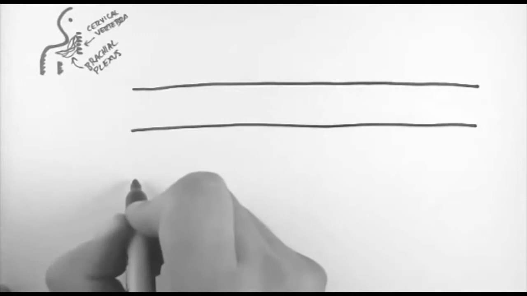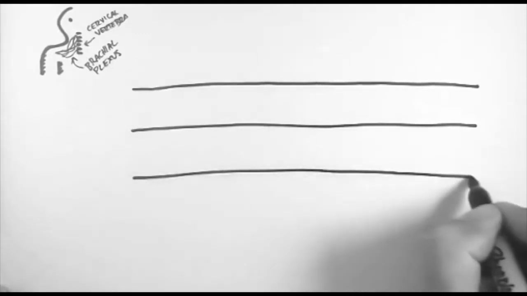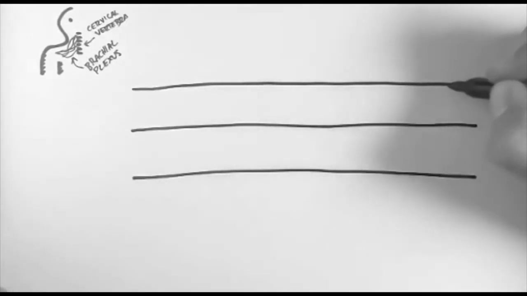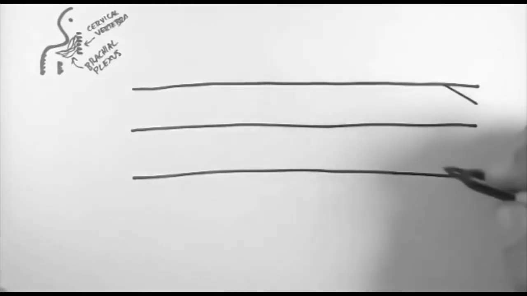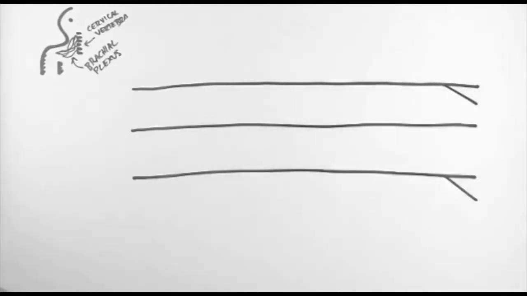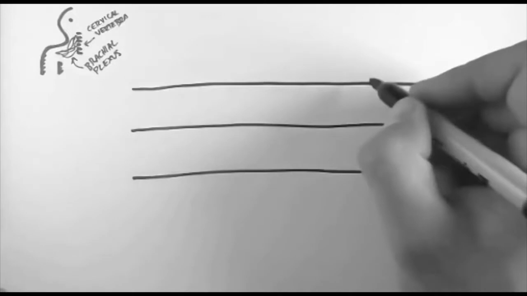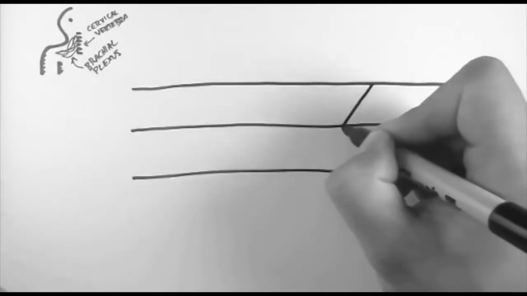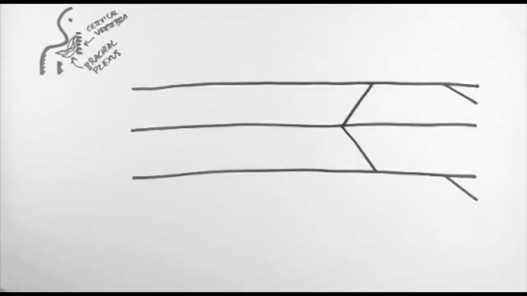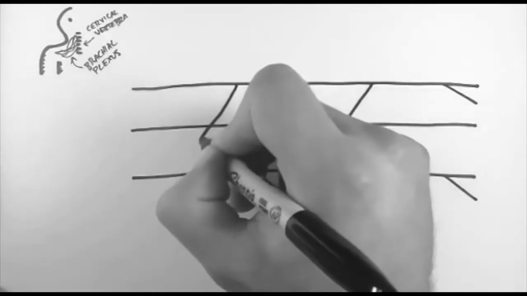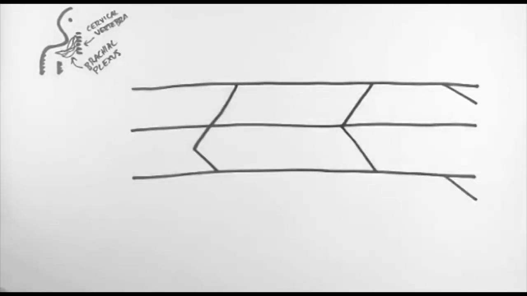I start off with 3 horizontal lines, and then I put a line down like this on the top line and the bottom line. Then I draw a chevron like that, and then I draw another chevron, but this time the point is a little bit lower down.